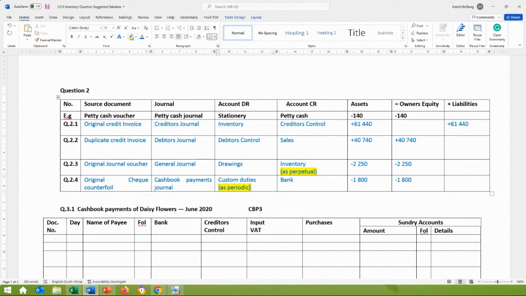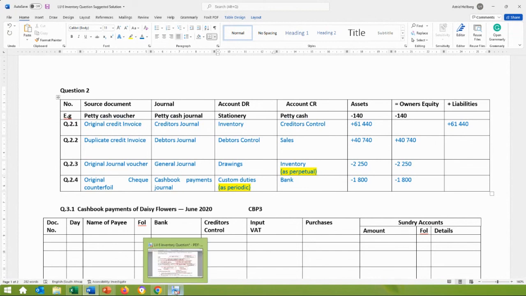We would credit the bank account, and then you would see because we credit bank, our bank account reduces with 1,800, and therefore owner's equity will also negatively be impacted by 1,800. So for expenses and income, when you think owner's equity, remember income increases our profit, so it will increase your owner's equity. Expenses decreases your profit, so it will decrease your owner's equity. That's how you need to think about it.